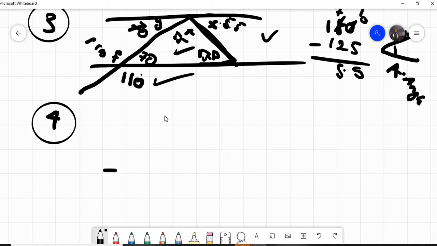Okay, let's assume that. So we mark 2, 2 in the middle somewhere here, at the center. Then we connect.